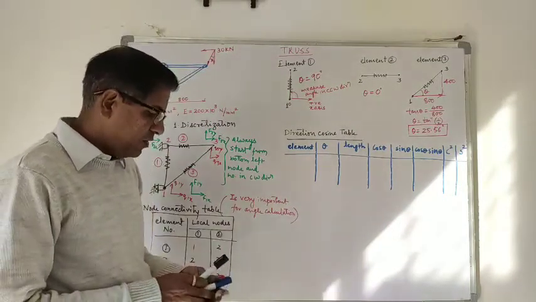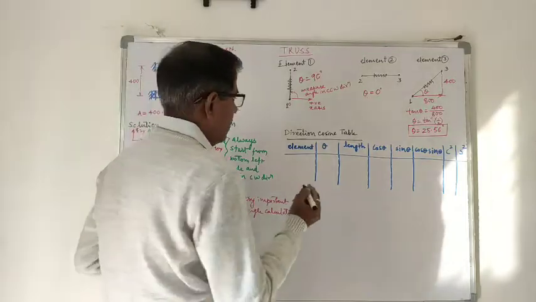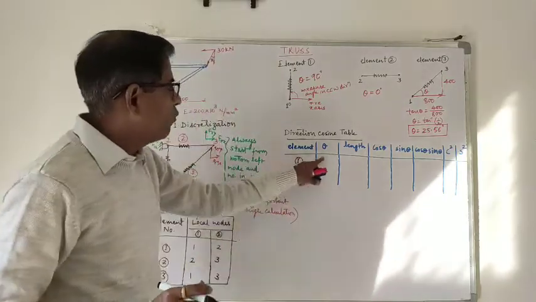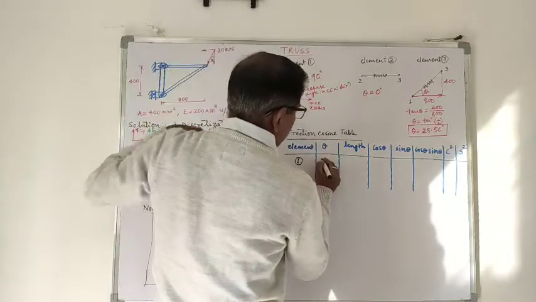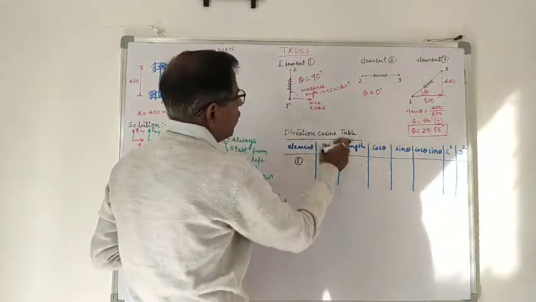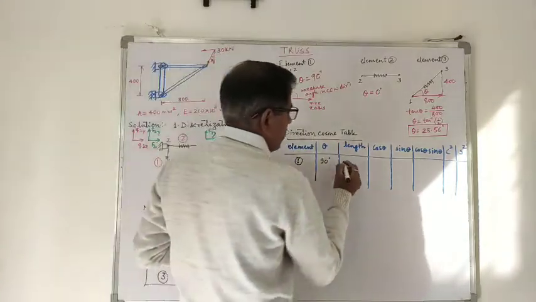So we start with element number 1. What is the inclination of element number 1? It is 90 degrees. What is the length of element number 1? It is 400 mm.